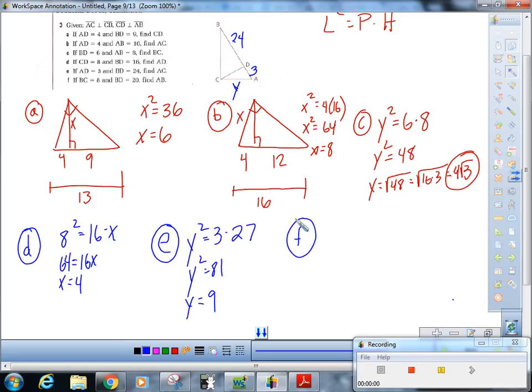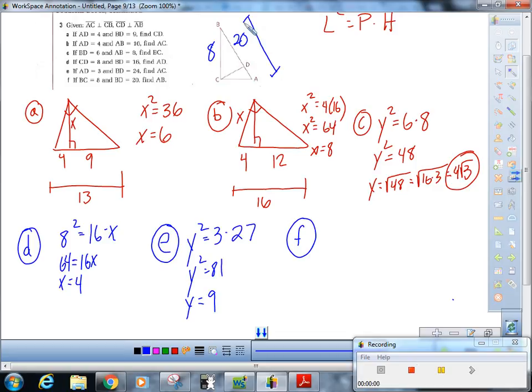In letter F, BC is 8. BD is 20. Find AB. Okay.